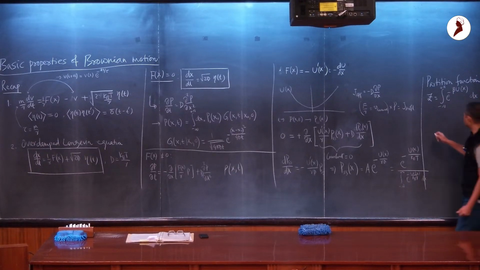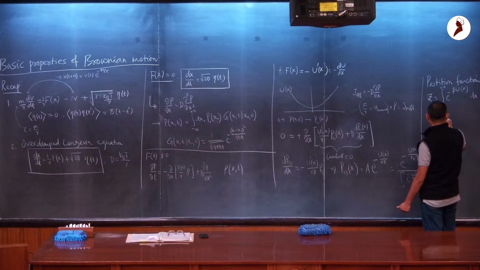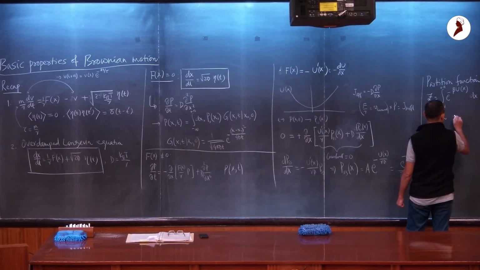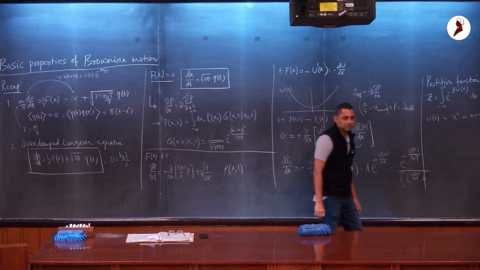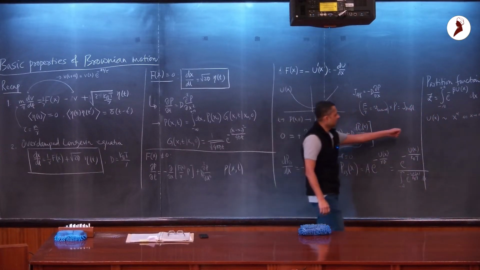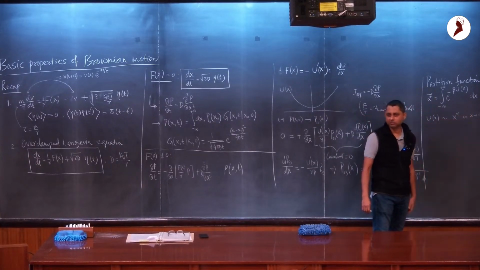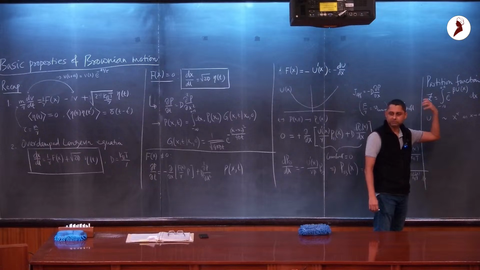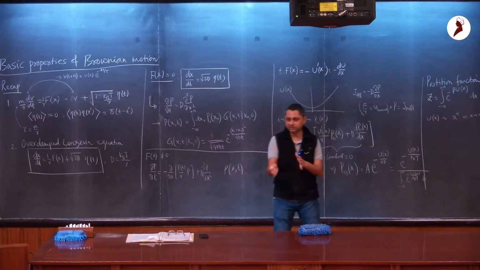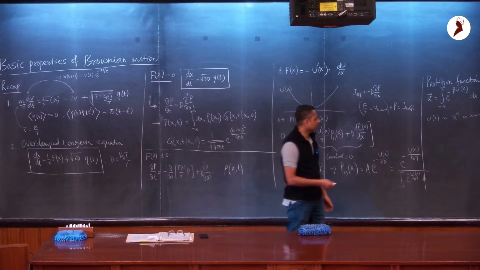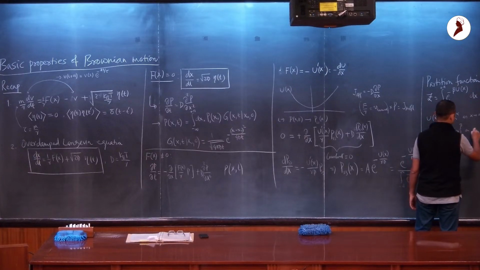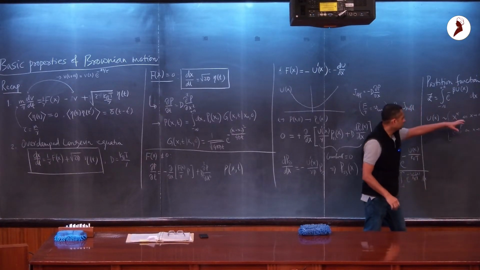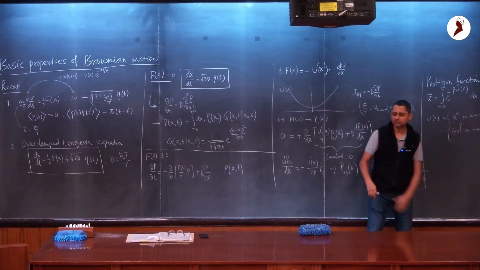Suppose you have a U of x which goes like x to the power alpha as x goes to infinity. Similarly, as x goes to minus infinity, you have a similar form. It can be minus x to the power beta or something like that. It need not be the same alpha and beta on both sides. But let's just look at one side, because if we understand one side, it's the same.